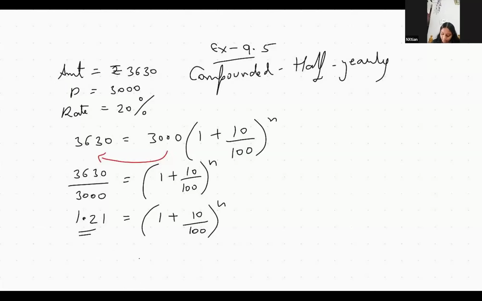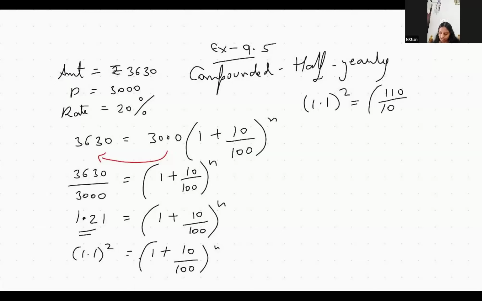1.1 square equals 1 plus 10 by 100 raised to the power n. So 1.1 square equals 110 by 100 raised to the power n. Now 110 by 100, I can cancel out the zeros, so I can write 1.1 to the power n, and n is again 1.